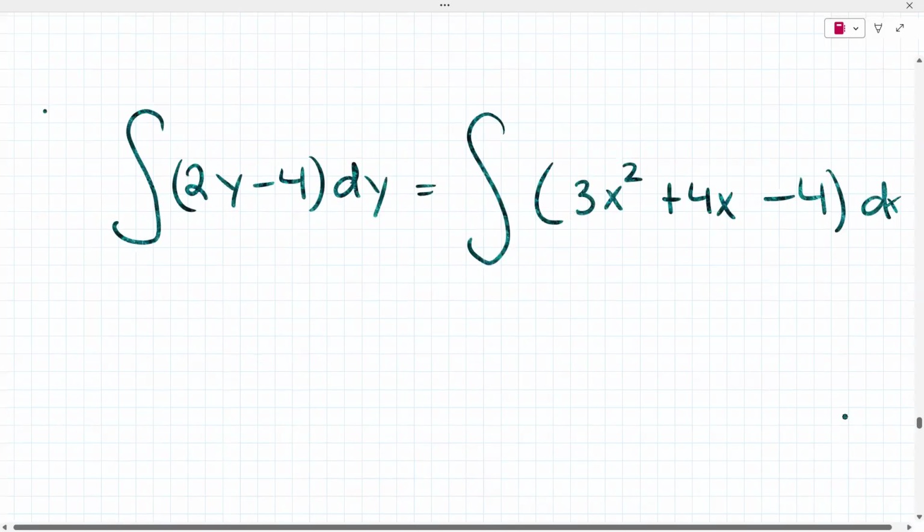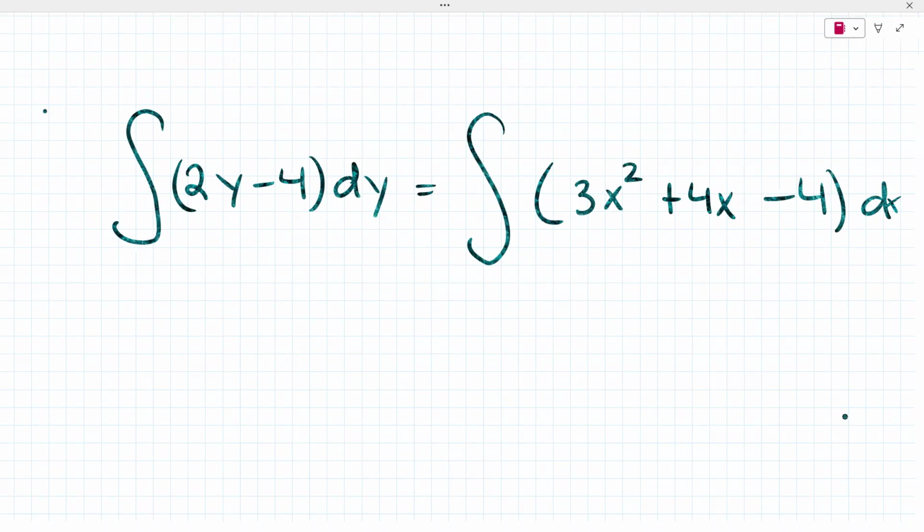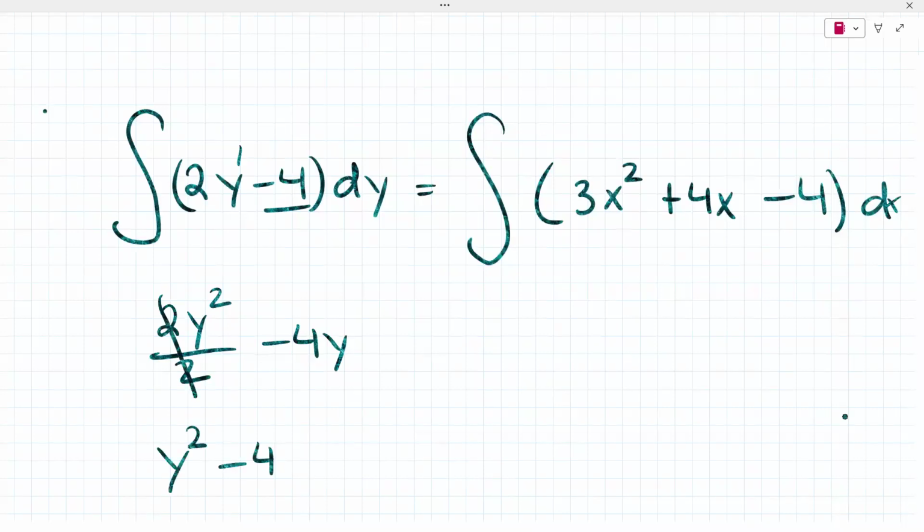How do you take the integration of 2y? It has power 1, so 1 plus 1 is 2, over 2. And then the integration of negative 4 is negative 4y. Clean this up, the 2's cancel, so we're left with y squared minus 4y. These ones are not too bad as well.